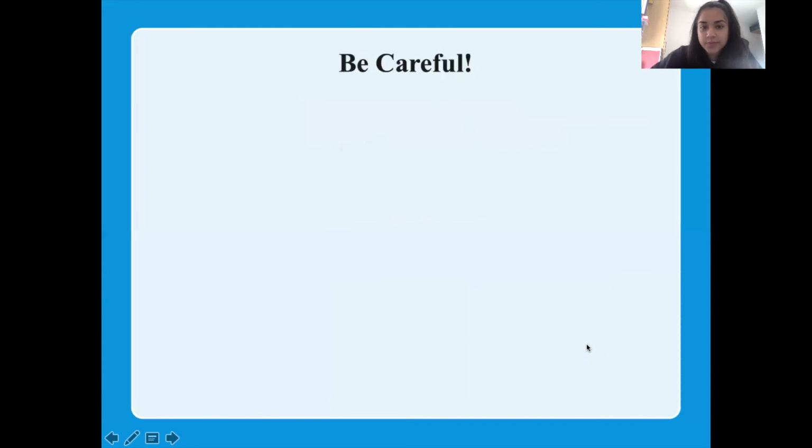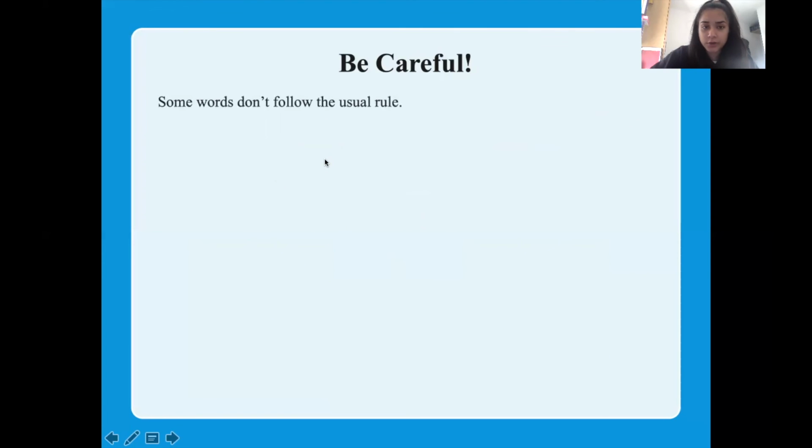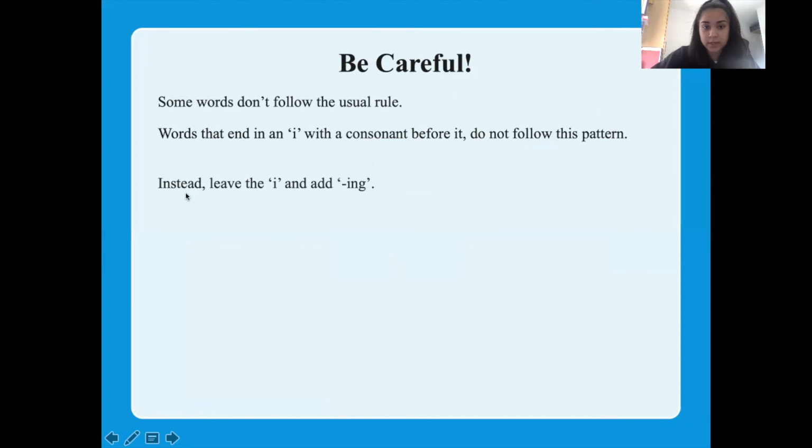Okay, so be careful, because some words do not follow the usual rule, like we just had a look at, where the y stays there and we add the ing. Some words that end in an I with a consonant before it do not follow this pattern. So instead, leave the I and add ing.